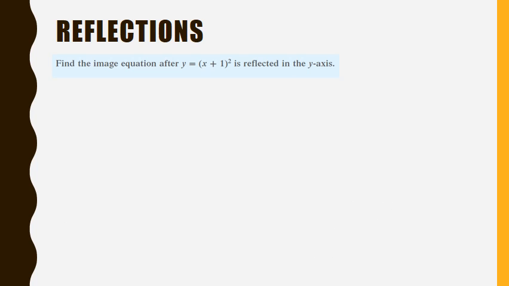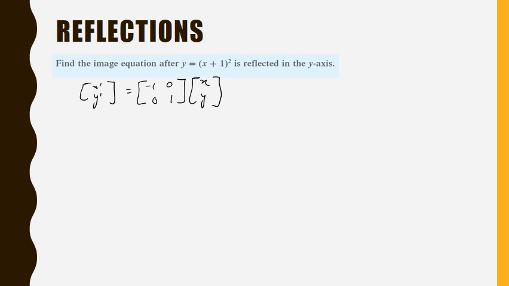Okay, find the image equation after y equals (x plus 1) all squared is reflected in the y-axis. So just keep in mind that we want [x', y'] equals [[-1, 0], [0, 1]] times [x, y]. Now we need to do the same thing as before where we rearrange it.